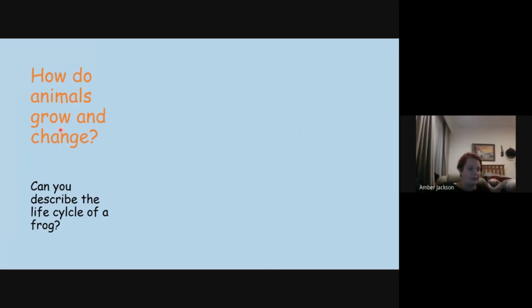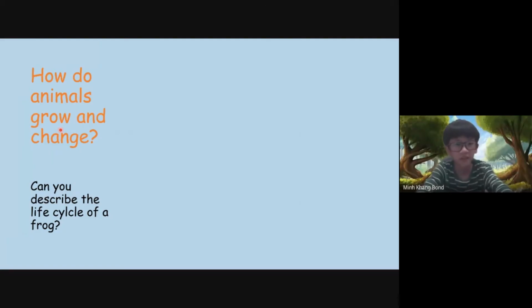All right, who can, Bond? Can you tell me the life cycle of a frog? How do frogs start off? How do frogs start off, Bond? It's an egg and it goes to a tadpole.